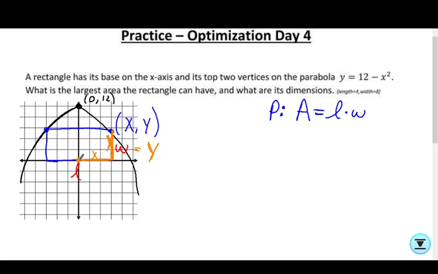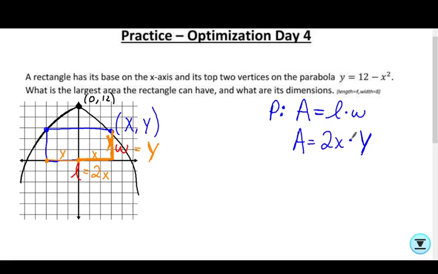The length, since this part is x, this part over here is also x. That means my length is 2x. So based on my picture, I can now rewrite my area in terms of x and y. So my length is 2x times my width, which is y.